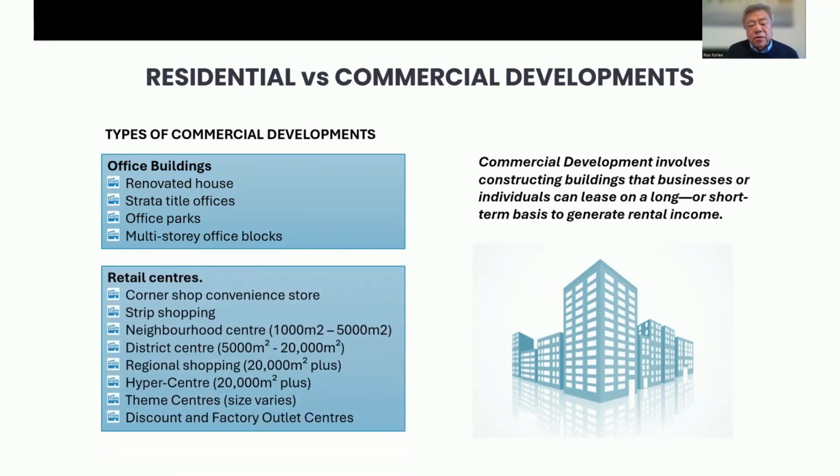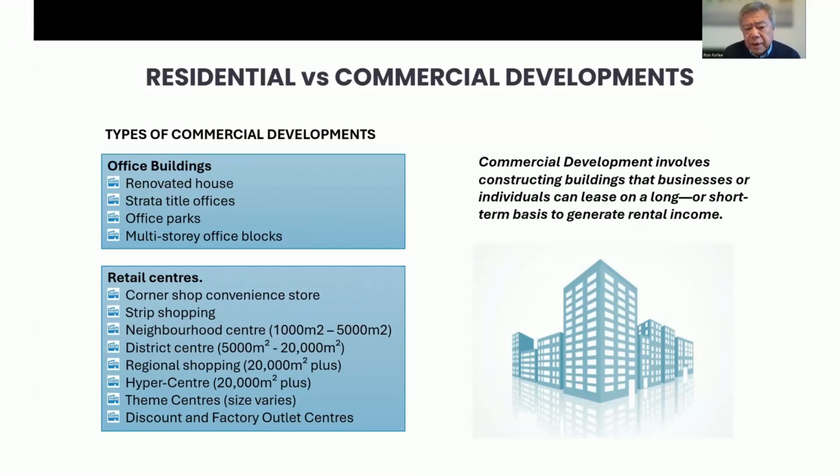Now, retail sectors is quite interesting because you think just retail or a shopping center. However, retail goes further. You get your corner shop convenience store. You get your strip shopping, which is generally in street level and in some of the older suburbs. You also have it now in some of these bigger centers where it's all strip type shopping, individually owned or sold to individual investors.